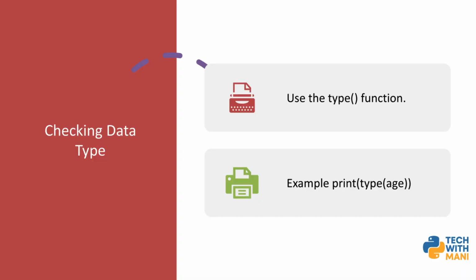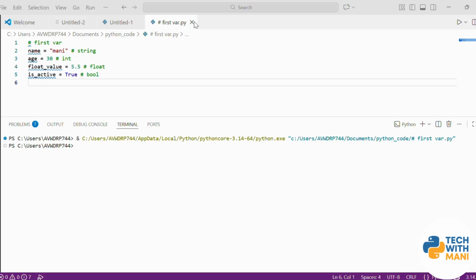The last thing about data types the developer should know is how to print the data type of a variable. It's just the type function. As I mentioned, now we have four data types and the related variables. So how can we print it?